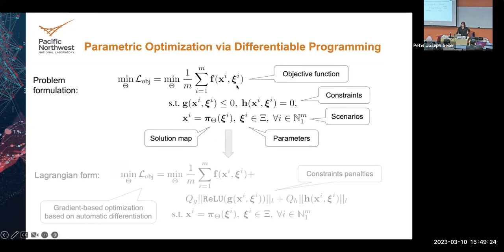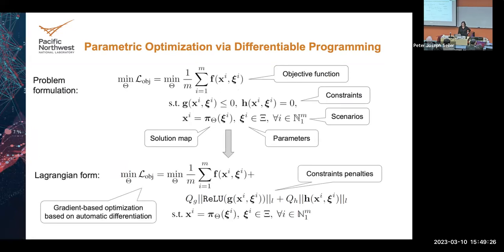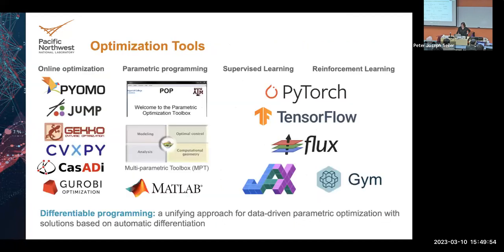So this is basically a traditional optimization problem that one can use also in MPC. What we do to translate it into a differentiable programming form is embed these constraints as soft constraints into the loss function, and then solve for this solution map by backpropagation and stochastic gradient descent.